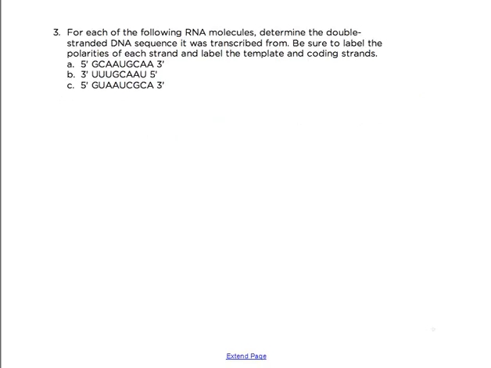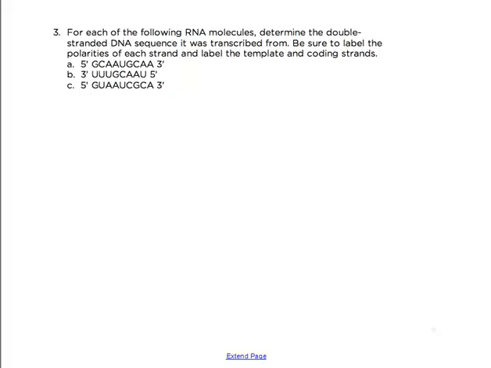Problem 3. For each of the following RNA molecules, determine the double-stranded DNA sequence it was transcribed from. Be sure to label the polarities of each strand and label the template and coding strands. So remember that RNA and DNA are pretty similar, but they do have some distinct differences. They have a different sugar where DNA has deoxyribose and RNA has just ribose, so it has that extra hydroxyl group.